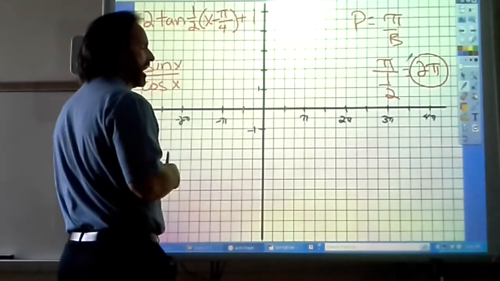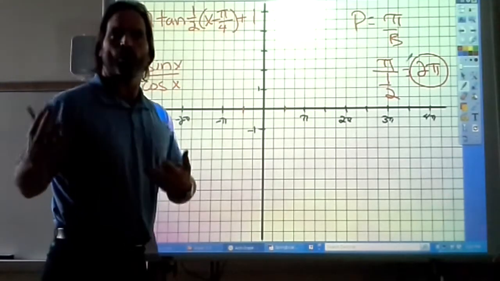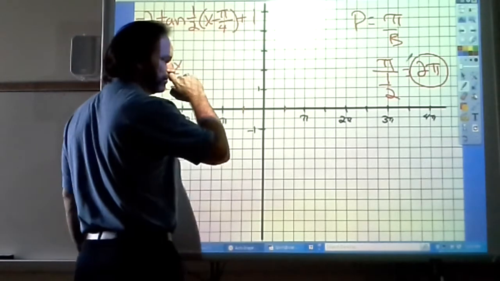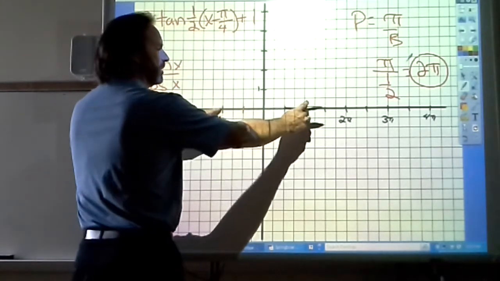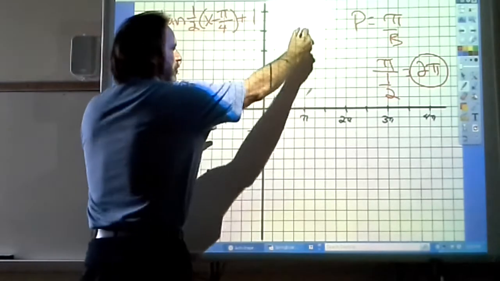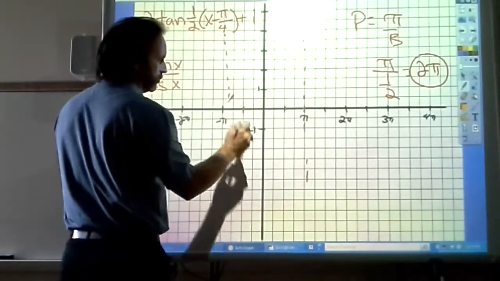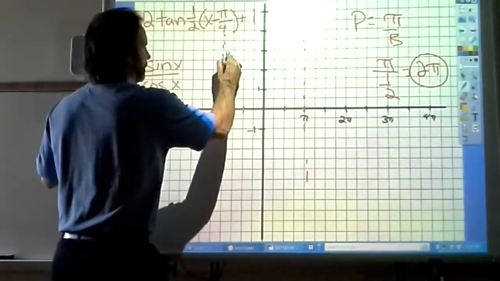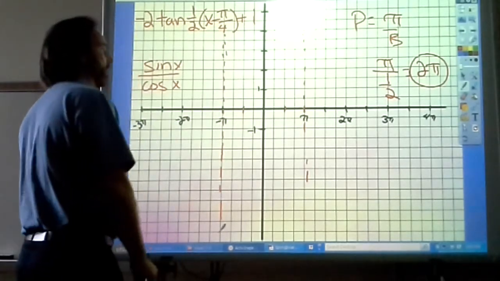So now I'm going to go 2 pi apart, but I know the middle of my graph is always 0. Instead of going from pi, I'm going to go from here to here. I'm putting my asymptotes here at pi and negative pi. All right?